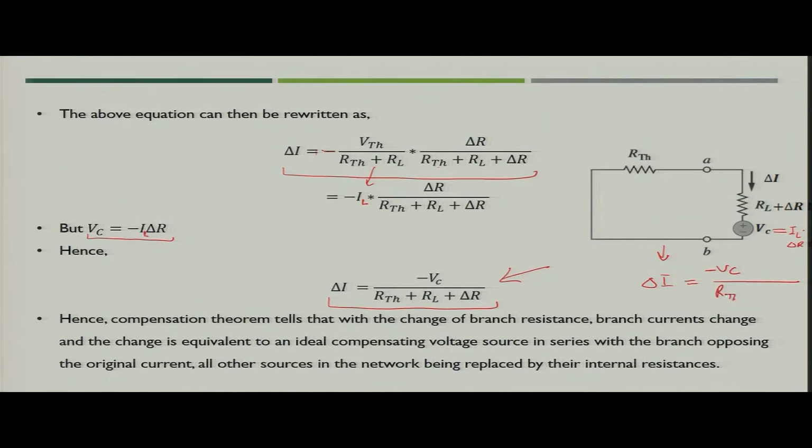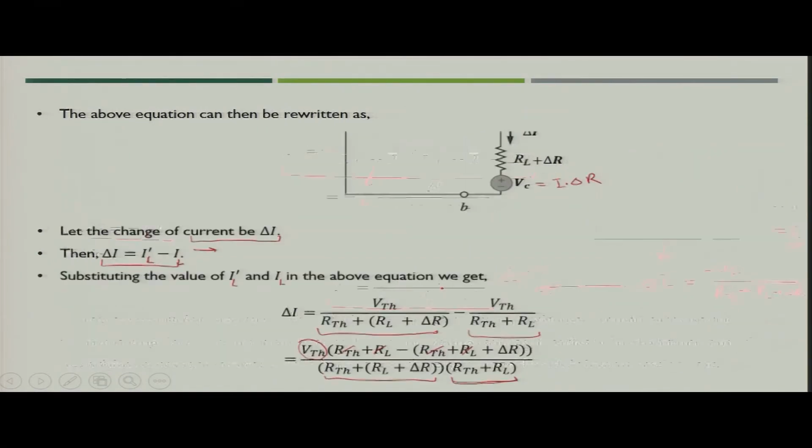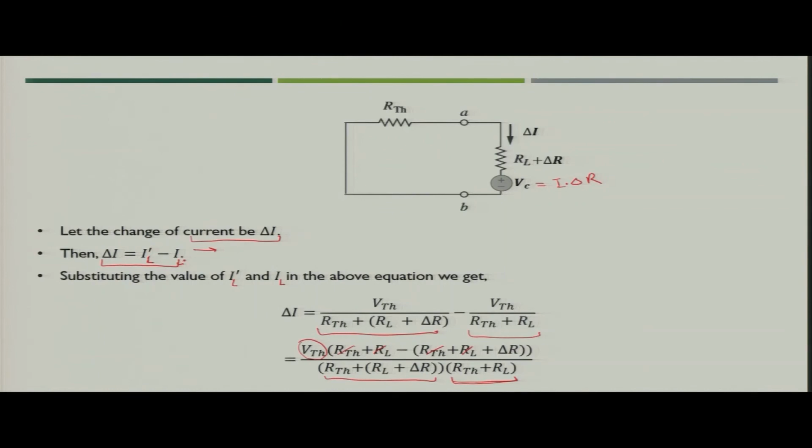So, that is Rth plus RL plus delta R. So, this you can see directly from the circuit, and this is what we have derived while taking the change of current, that is IL dash minus IL.